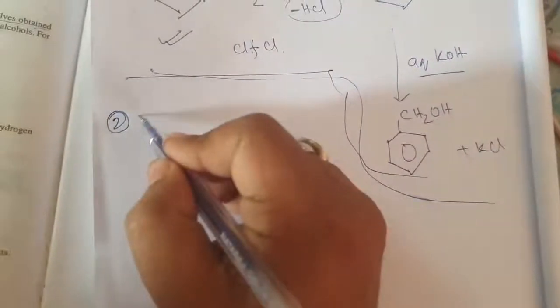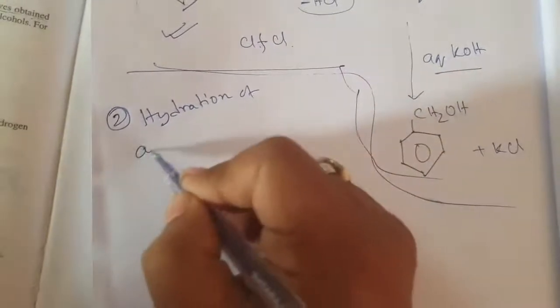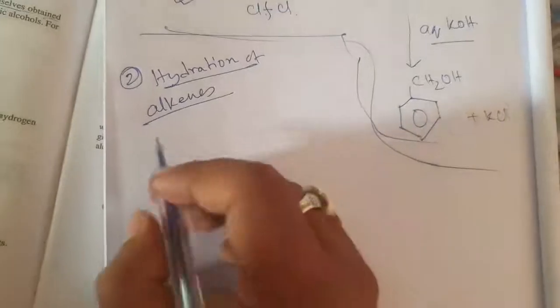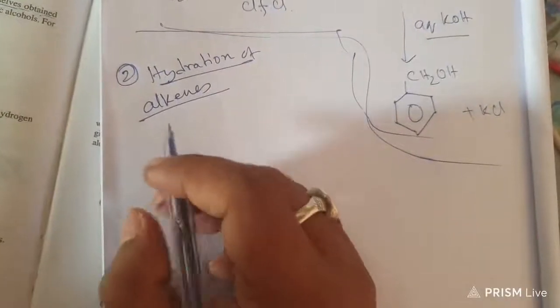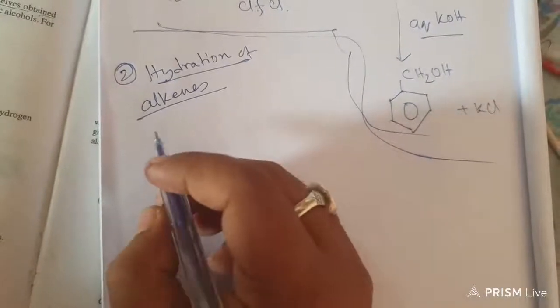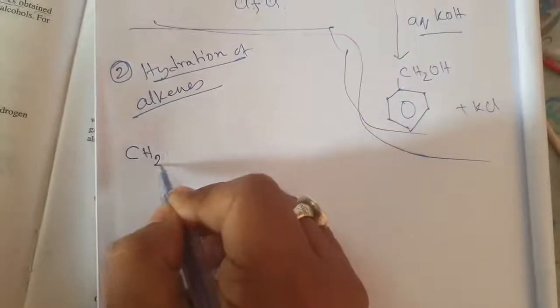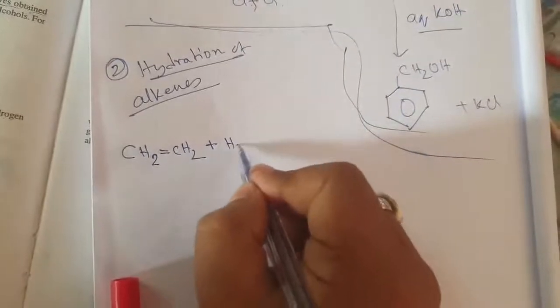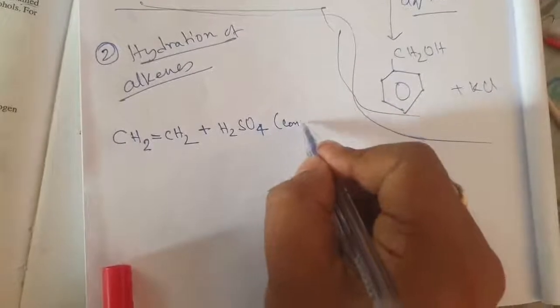The second method is hydration of alkenes. If you do hydration of an alkene, you still get alcohol, but you need H2SO4 for that. Suppose you take an alkene, CH2 double bonded to CH2, and treat it with concentrated H2SO4.